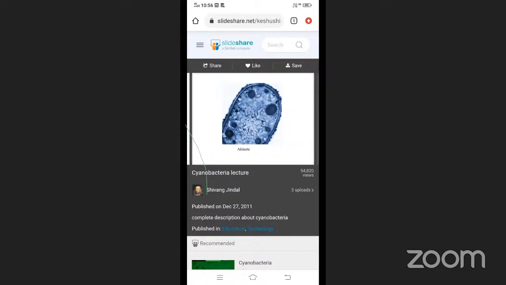A mucilage sheath is there, so the filament will break apart at the site of the dead cells, which looks like a branching. Pseudo branching appears in the Cytonema.